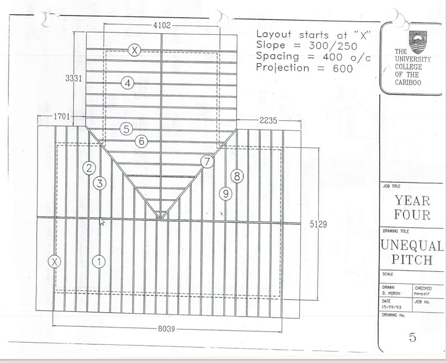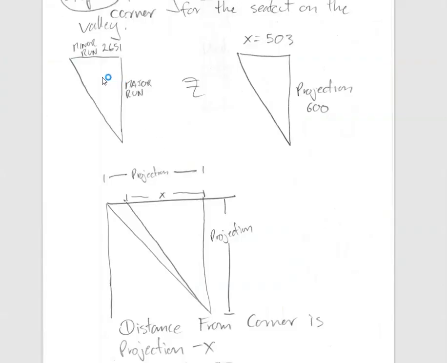If we take the minor run distance and the major run distance, and then proportion that off against a little chunk of the overhang. I don't know if that made much sense, but that's what we're doing here, using the projection as a proportion to the major run. So we figure out this little distance here, 503.